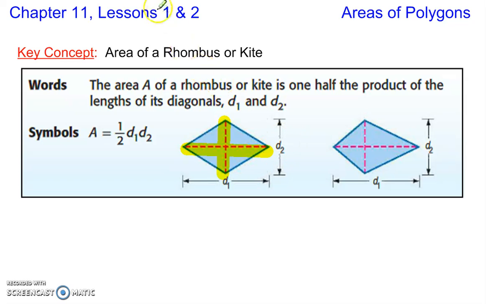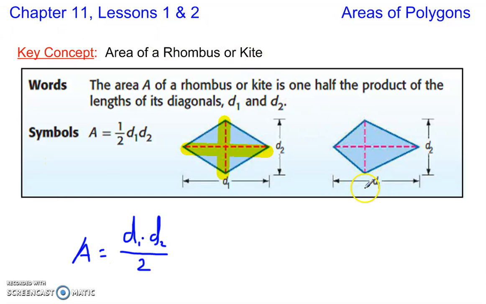I would probably write it like this: diagonal 1 times diagonal 2, over 2. A little bit easier for working it out this way. Then to get rid of that, we multiply by 2 if we're solving for one of the diagonals.